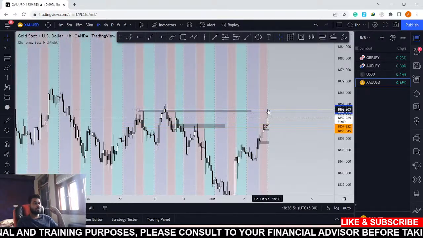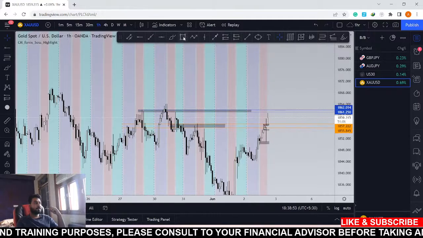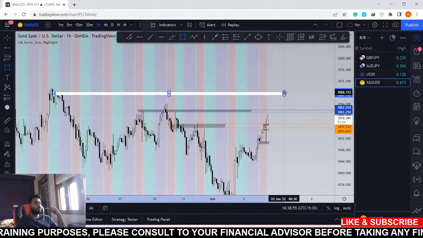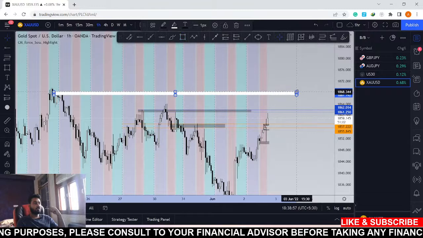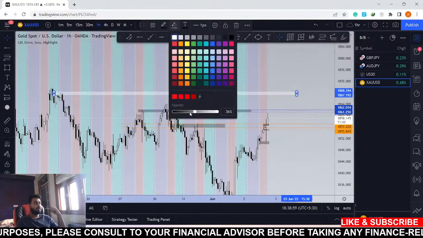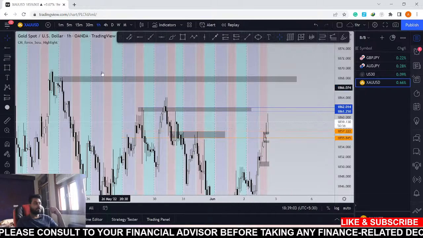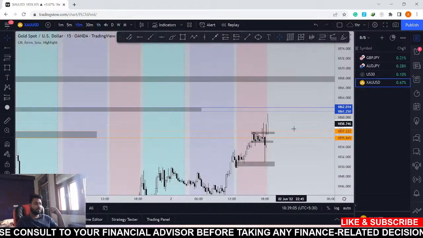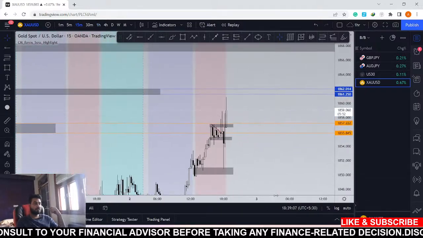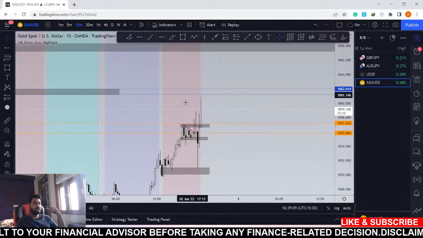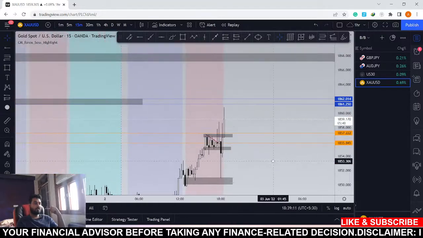Once the market closes above this zone, then the next point where the market should go is... See, this is the reason why you wait for the 15-minute candle to close.